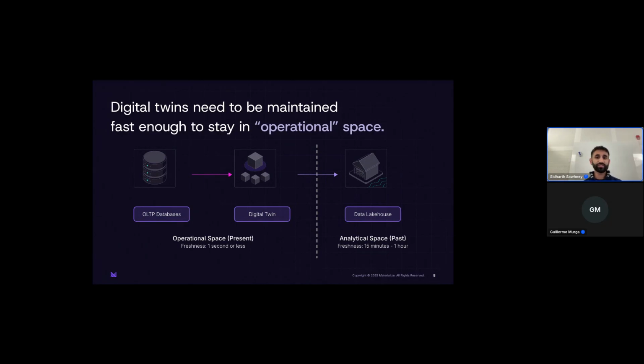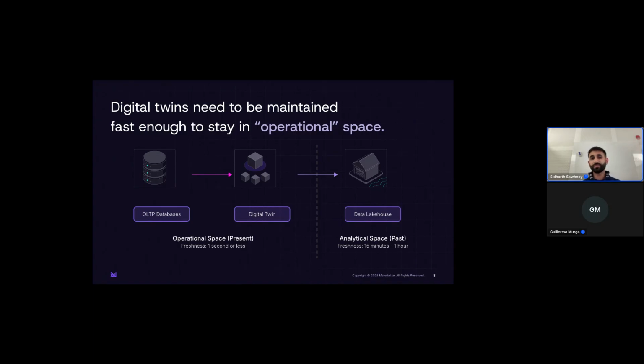Digital twins fundamentally stay close to the operation, stay within the operational space. So they're anchored closely to the OLTP database, getting data frequently from those systems in order to have that fresh context in your database. And that's really what your AI agents will use, these digital twins, to semantically figure out what information they need to take action.